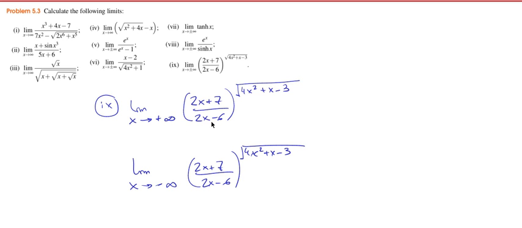Now again, this is going to be one of those 1 to the infinity limits, right? The limit of the base is going to 1. It doesn't matter if this is plus or minus infinity, and then the exponent is going to plus infinity, right?